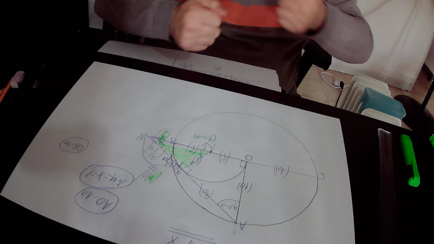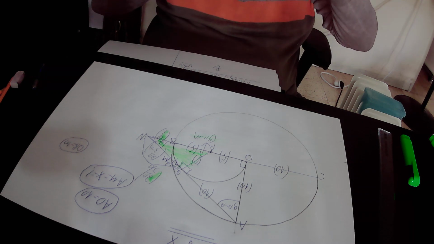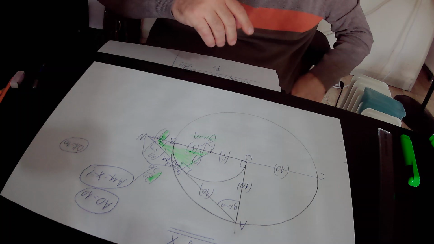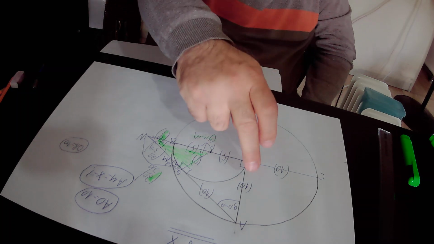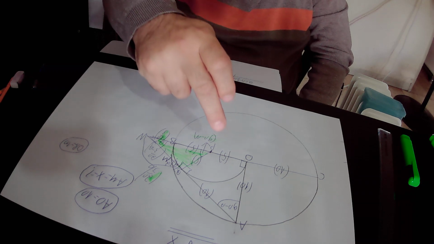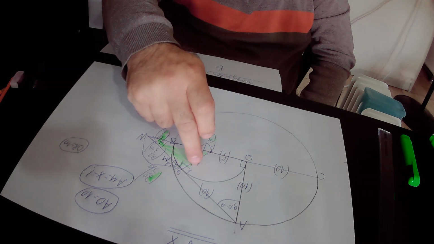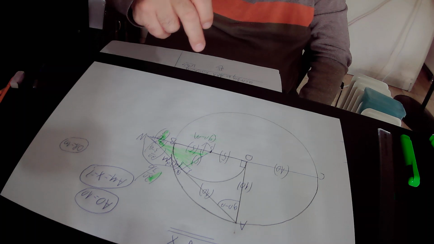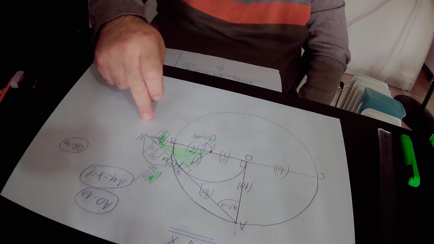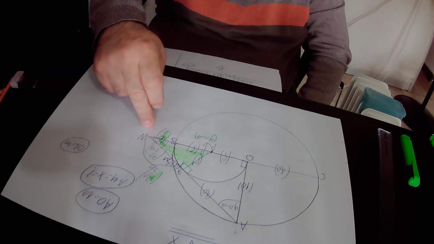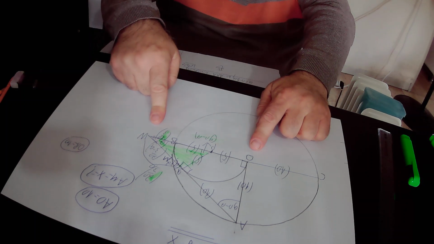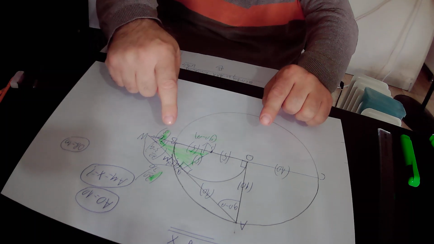And from the fact that those two right triangles are similar to each other, we derive that the following relationship exists between their sides. We derive that side AO in the big triangle over side QP in the small triangle equals side AN in the big triangle over side PN in the small triangle, and it also equals side ON in the big triangle over side QN in the small triangle.